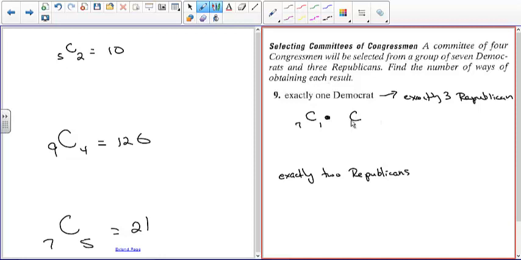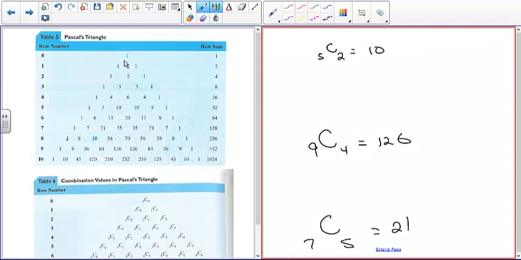So again, it's a committee, and I have 3 Republicans on the committee, and I have 3 Republicans to choose from. So the second part would be 3 things taken 3 at a time. Now you could use Pascal's triangle to figure this out. But if you go back over to Pascal's triangle, you'll notice that all the ones taken 0 at a time are 1, and all the things taken the same number are 1 also.